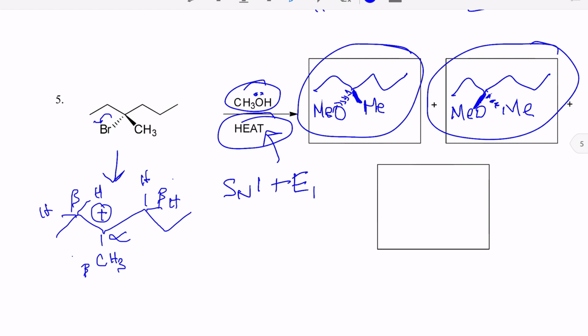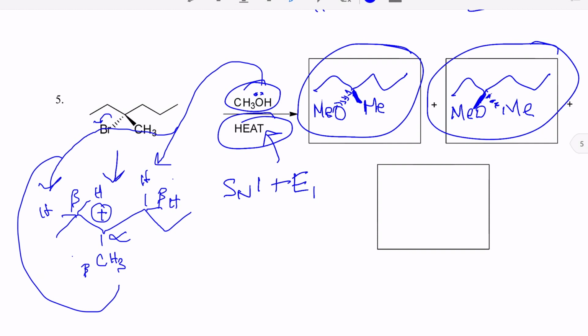So if we really look at this, if we try to do the dehydration for each of these, we could deprotonate this, we could deprotonate this, or we could deprotonate this, one of these three.